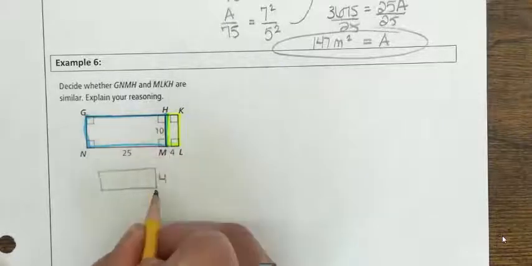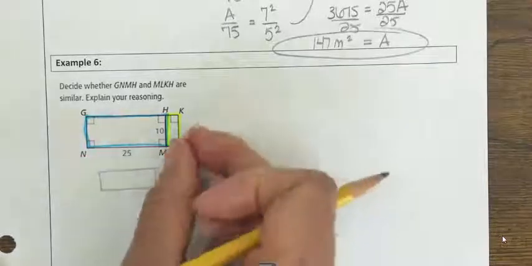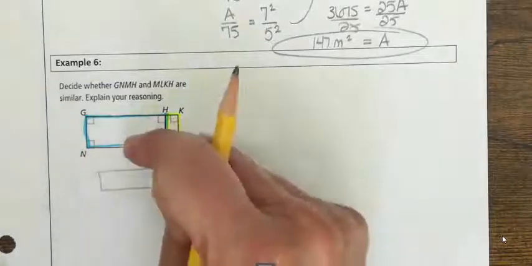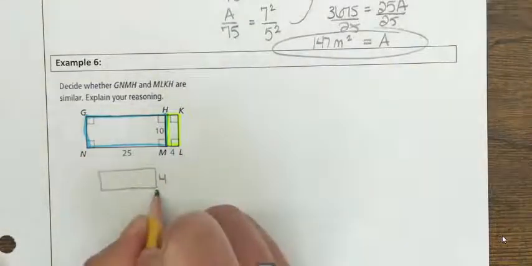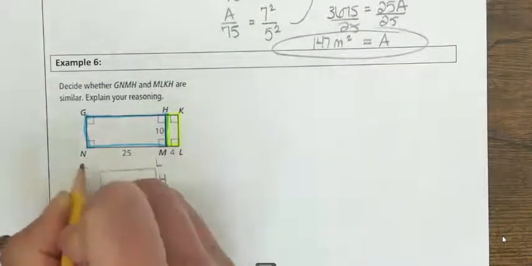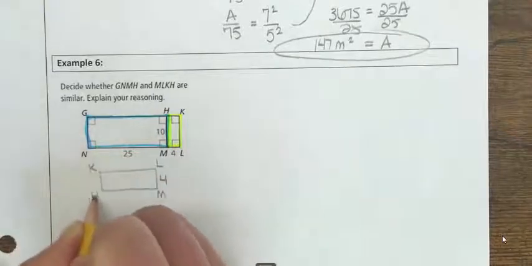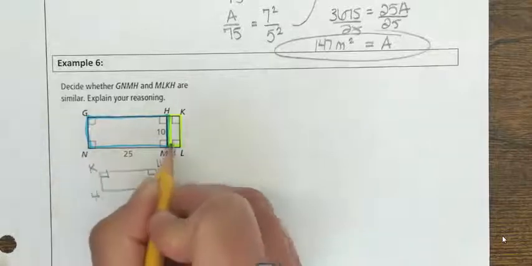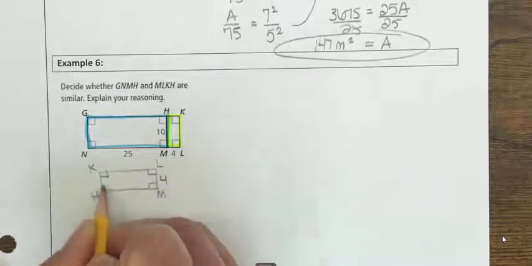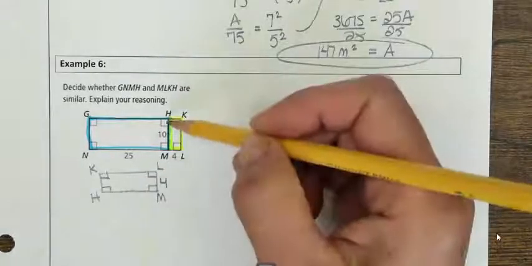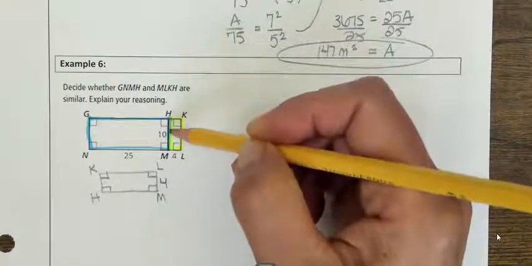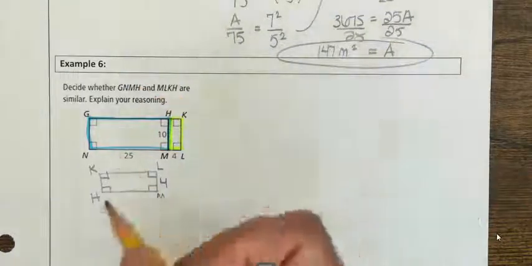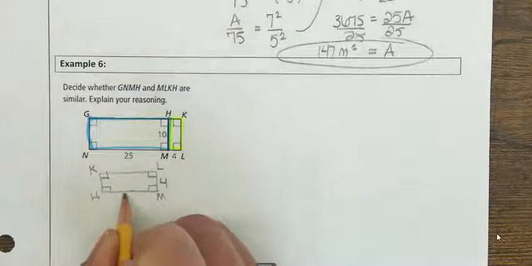So if I just think of rotating it 90 degrees this way, this would be M, this would be L, K, and H. Okay, and I know that L and K are right angles. Actually, I know that M and H are too. And I know this longer side on my yellow rectangle, which is 10.